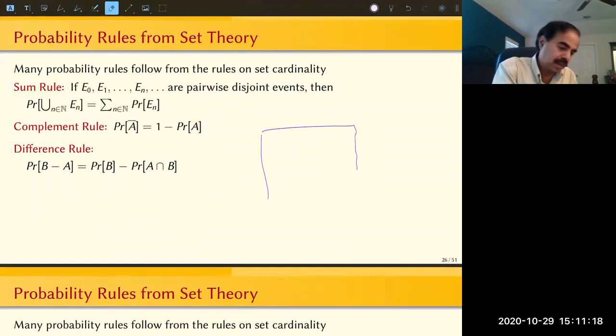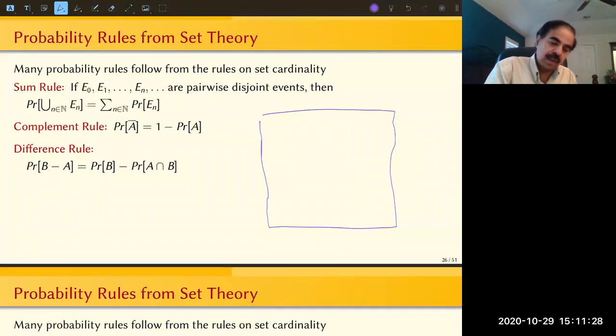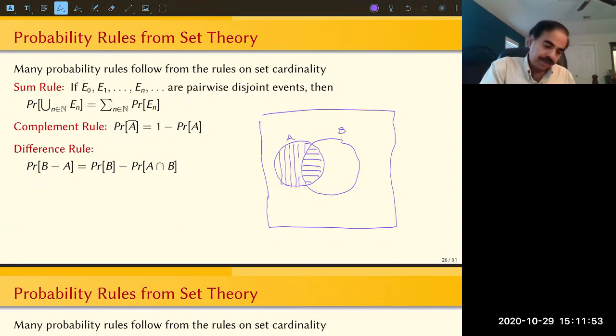So if we have, so this is A and this is B, then I guess let me just, right?